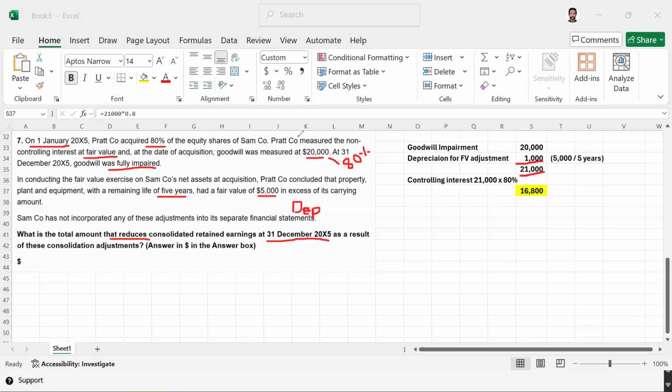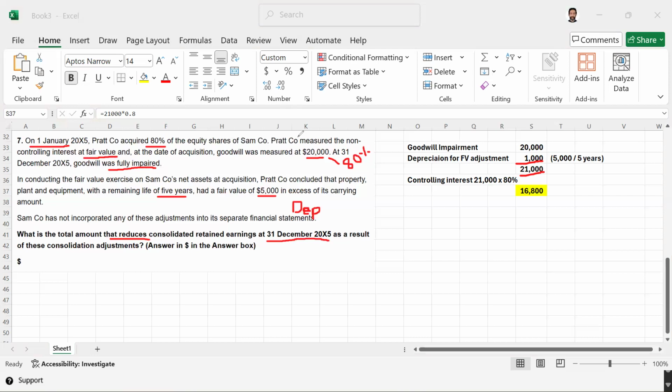Yeah, no problem. The goodwill impairment. The goodwill has been calculated for the controlling and for the non-controlling interest. So when the goodwill is impaired, we need to charge the portion of the goodwill that is impaired in terms of the controlling interest and the non-controlling interest.